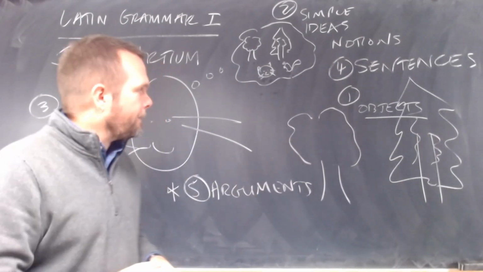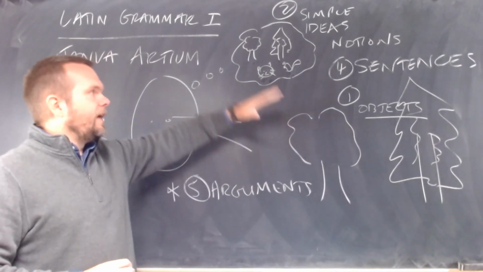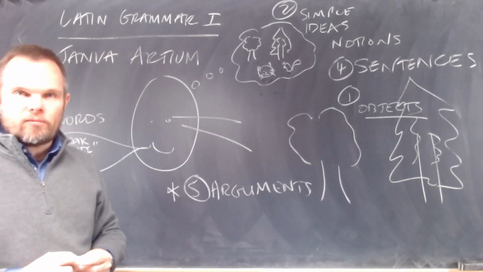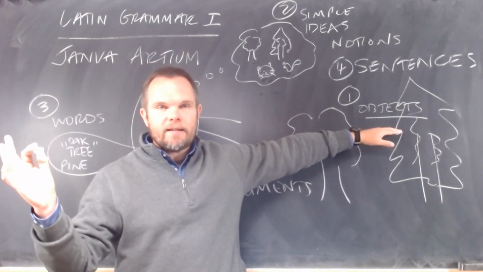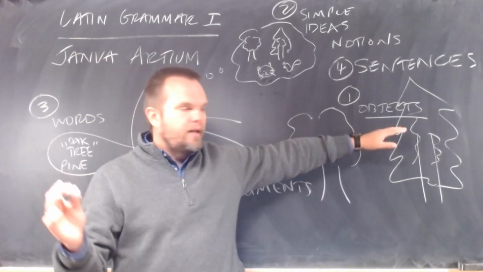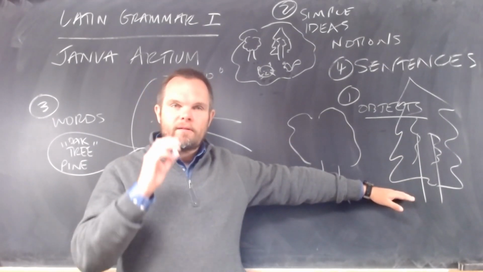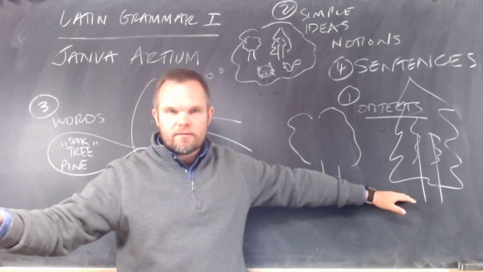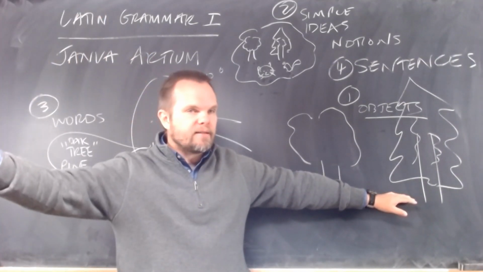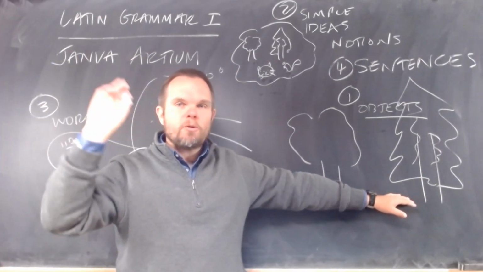All right? So I want you to have this whole system in your mind when we talk about language. There are objects in the world that God created. And we've talked about visible objects, but there are also invisible objects. There are invisible ideas that you can picture in your mind.